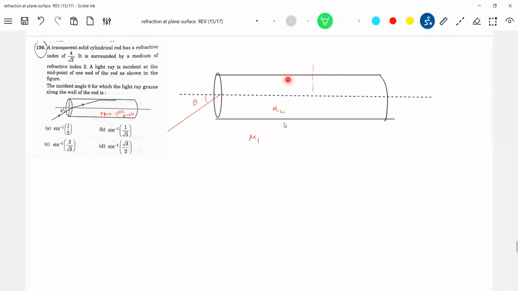So here the ray should graze along the wall.